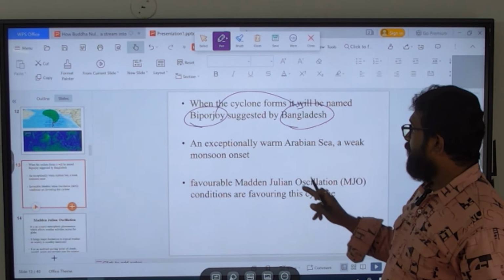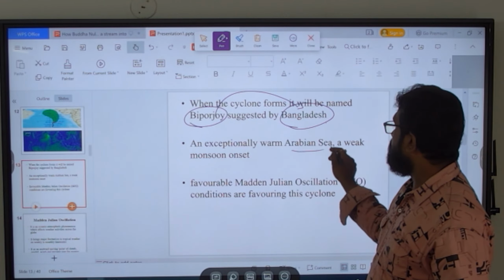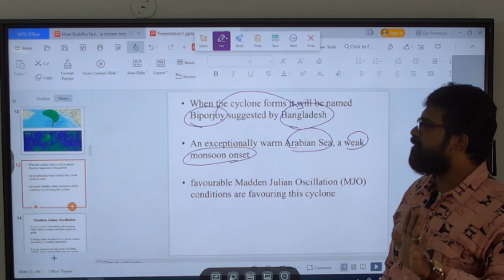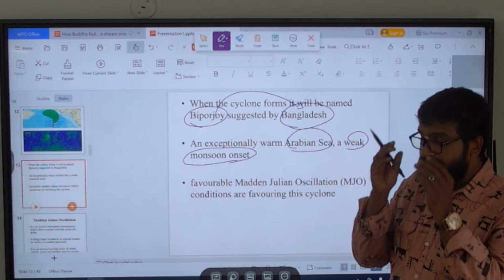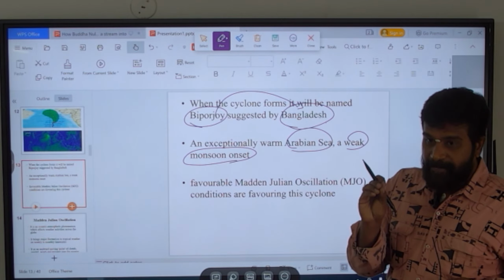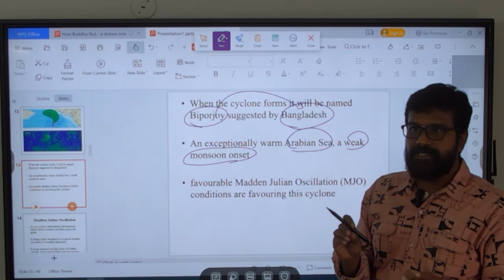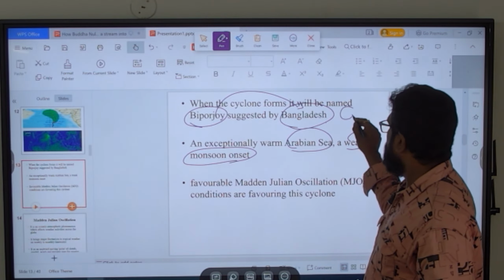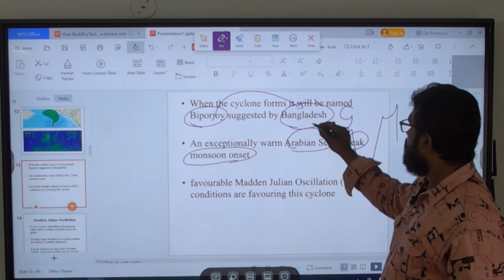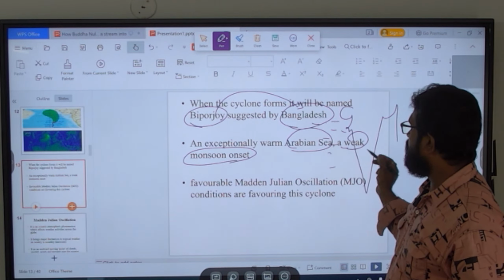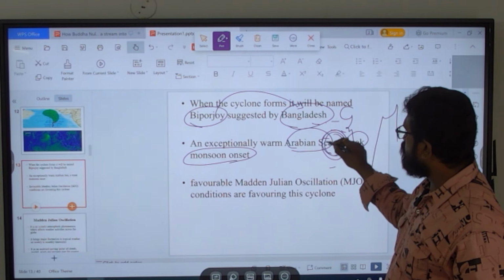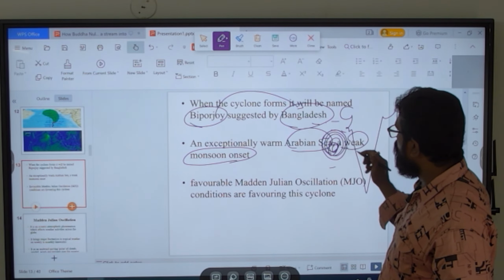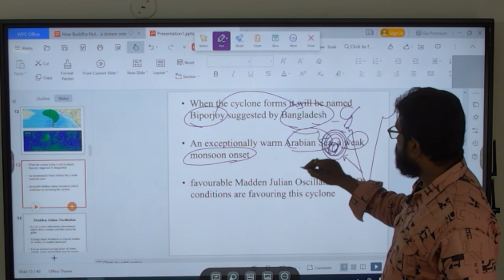So you see this, an exceptionally warm Arabian Sea, a weak monsoon onset. This is true. What does it mean? What is the real logic? Whenever there is a strong cyclone, you see this, when I am drawing this India, if this is the Arabian Sea, when a cyclone is stronger here, all the moisture content may move towards this cyclone like this.